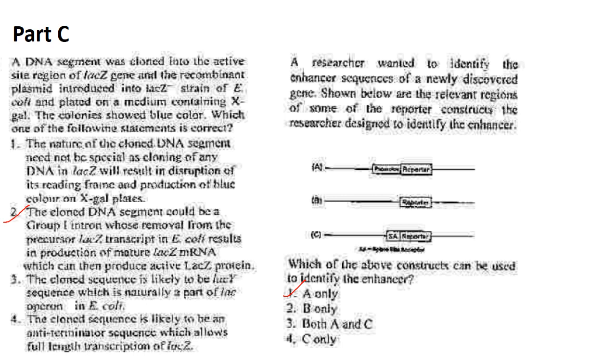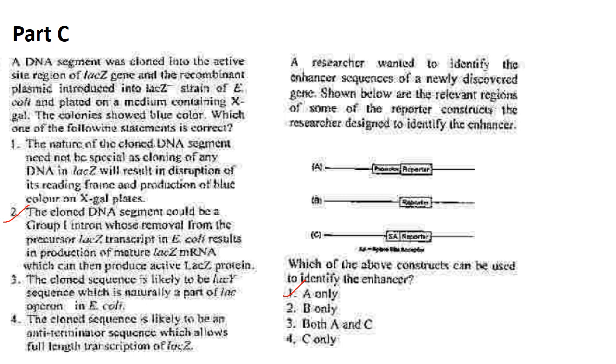The cloned DNA segment could be a group 1 intron whose removal from the precursor LAC-Z transcript in E. coli results in production of mature Z mRNA. That is also correct because group 1 introns have been identified in E. coli. So option 2 is maybe the right answer.